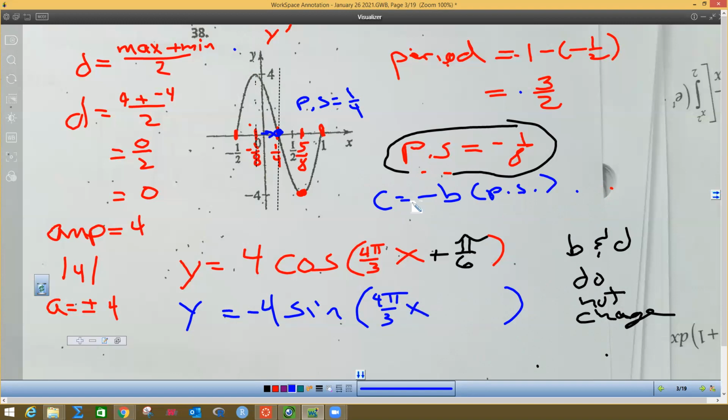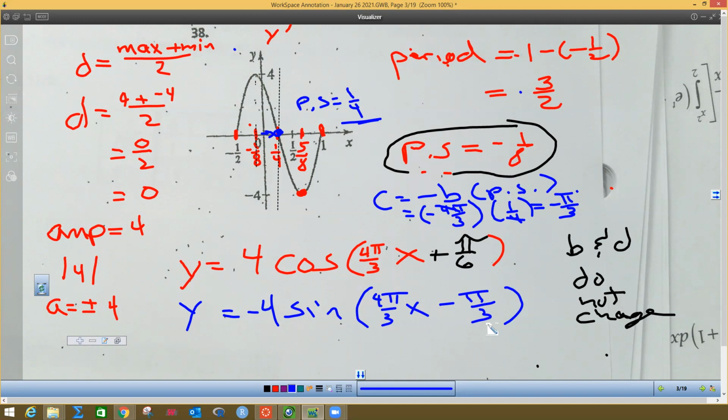Well, the B is still 4 pi over 3, so I still have a negative 4 pi over 3. But this phase shift is now this 1/4, so I got to multiply that by 1/4. So I hope you see these 4's cancel each other out all the way. So this would be negative pi over 3. So I put in here negative pi over 3. I'm done. That's both of them.